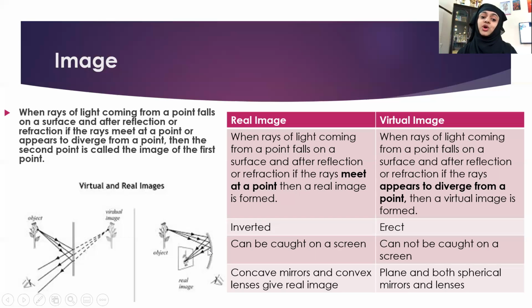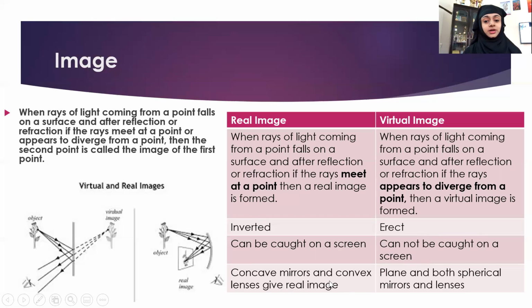So from here, what we get is an inverted real image and it can be caught on a screen. So you can see it on a screen. So real images can be caught on a screen while virtual images cannot be caught on a screen. They can be just viewed directly.